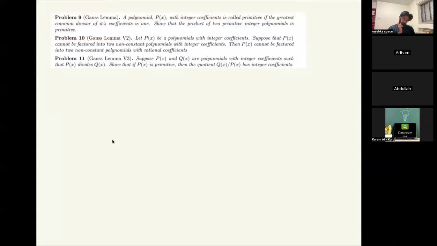So a polynomial p with integer coefficients is called primitive. It's a new definition. If the coefficients don't have any common divisors. So for example, if I take 3x squared minus 2x plus 6, this is primitive because there's nothing that divides all of the coefficients.